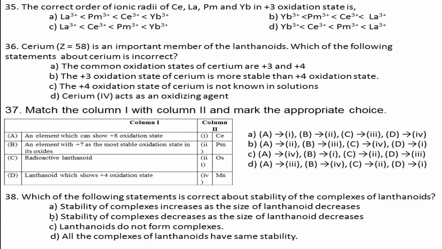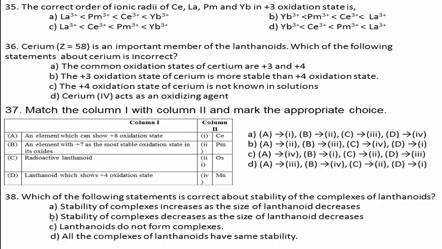Next, question number 35. The correct order of ionic radii of Ce, La, Pm and Yb in +3 oxidation state is. Options are given here.